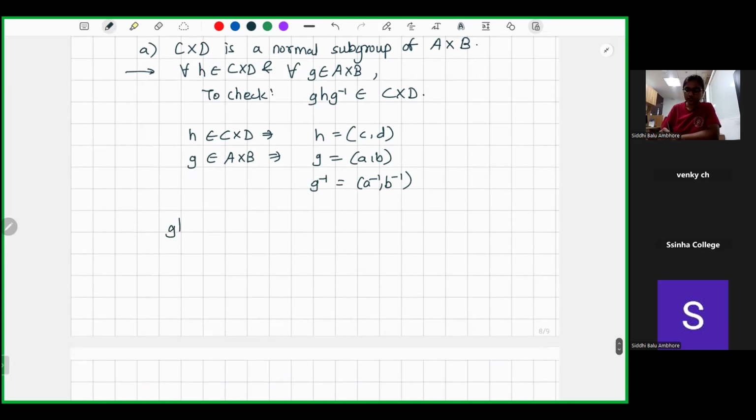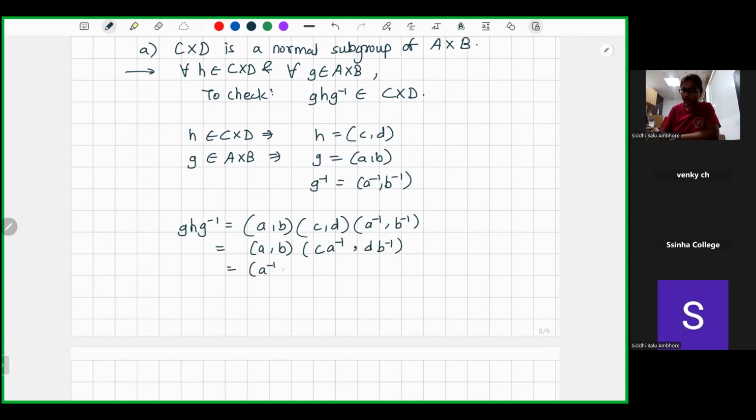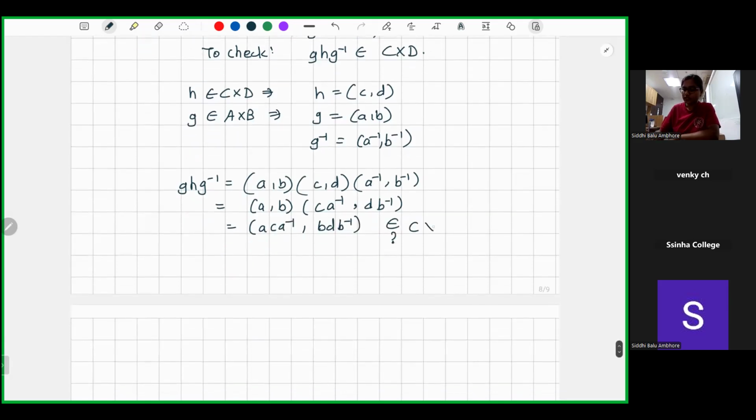So GHG inverse is (a, b)(c, d)(a inverse, b inverse). From the way multiplication is defined in products, we have (ca inverse, db inverse), and further (aca inverse, bdb inverse). Now we have to check whether this belongs to C cross D or not.